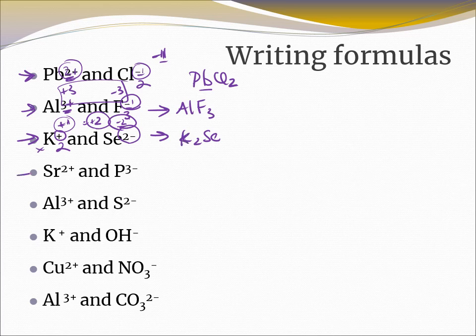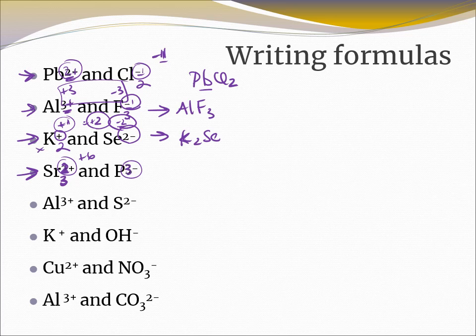Let's do one more together, Sr2+ and P3-. I want to balance out the +2 and the -3. The easiest way is to think about the least common multiple of 2 and 3, which is 6. 2 times 3 is 6, so 3 times +2 is +6.